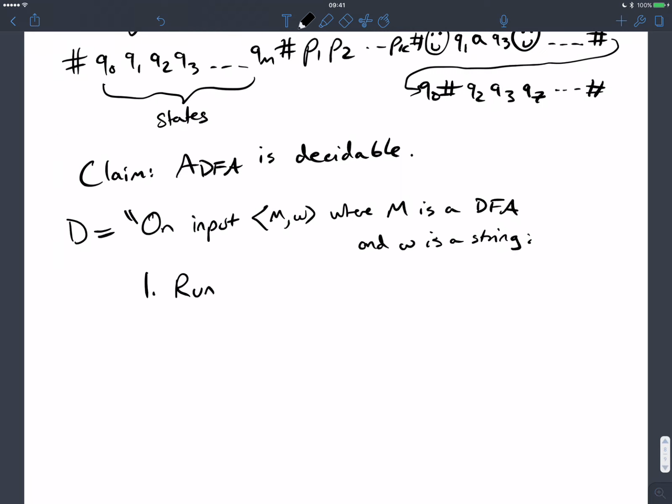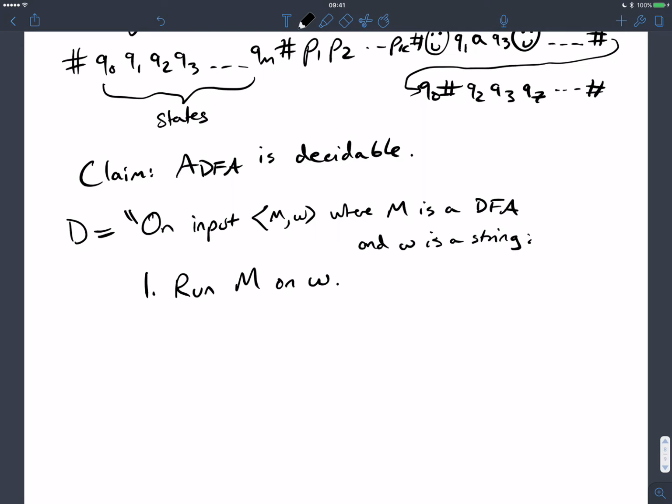So run M on W. Does this step take a finite amount of time, or could it run forever? A finite amount of time, because every time we chew through one character of the input W, and eventually it'll run out of input.